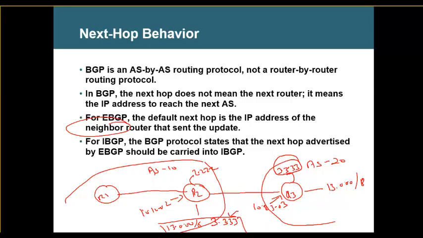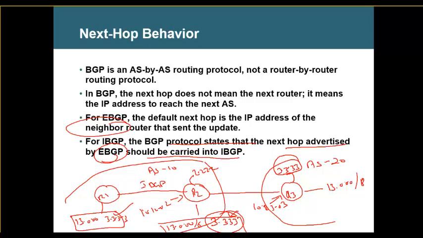Now, very important, focus. When router 1 learns it, how will it learn? 13.0.0.0 is 3.3.3.3. But router 1 and router 2 are iBGP. For iBGP, the BGP protocol states that the next hop advertised by eBGP, what is the next hop advertised by eBGP? 3.3.3.3 should be carried into iBGP.